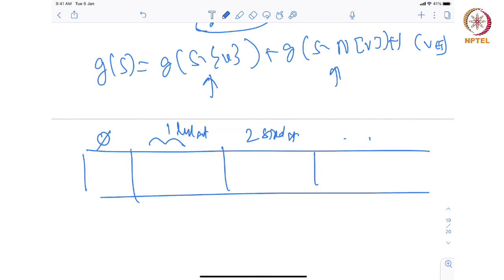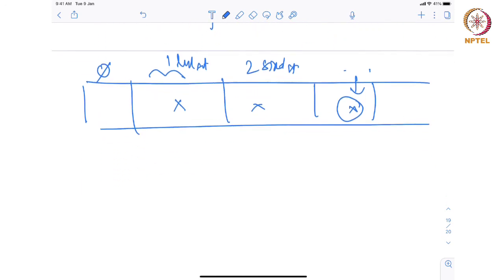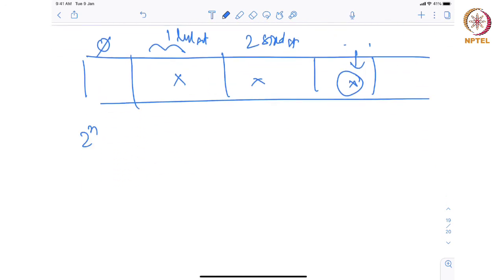So each index can be computed. These entries are indexed by subsets of your vertex set, and to compute each one you only need to look at 2 previous entries. So you can fill this table in 2 power n times n to the power big O of 1 time.